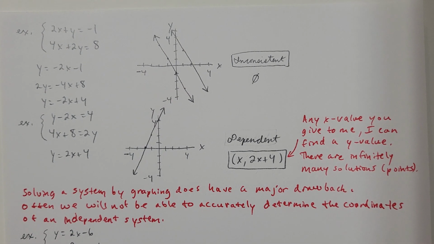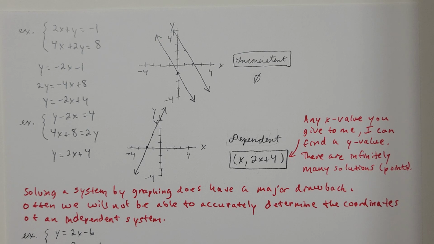Let's try another one here. So how about what if I had the system given by the equations 2x plus y equals negative 1 and 4x plus 2y equals 8. We'll solve by using the graphing method. So let me get each line into slope-intercept form, y equals mx plus b.